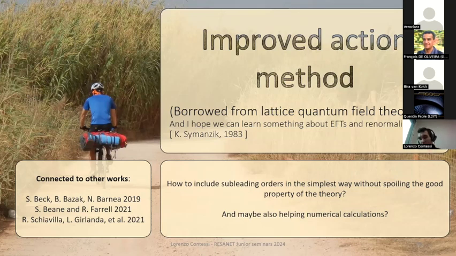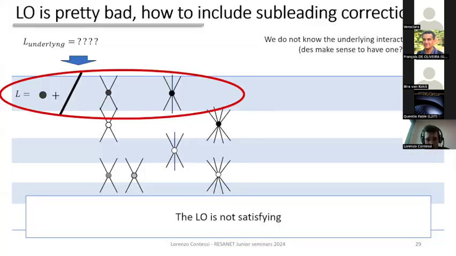And this is the work that we have done, or we are doing actually. There is a lot of work to do with Bira van Kolk and Martin Scheffer and Manuel Pavon Valderrama here at IJCLab. And it actually tries to modify how we define our effective field theory, how we use our effective field theory to solve the problem of having a leading order that doesn't satisfy us.